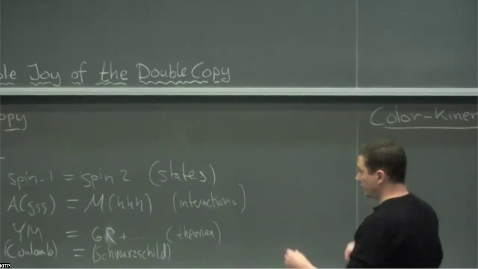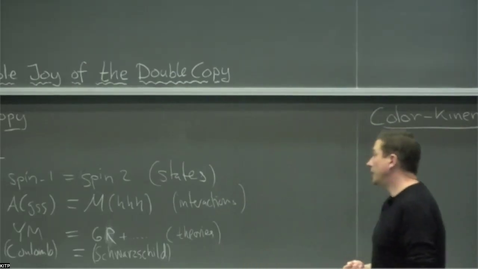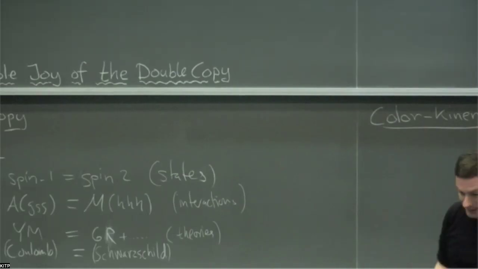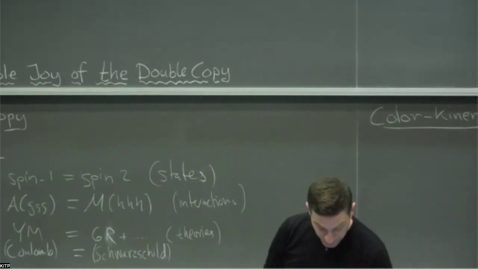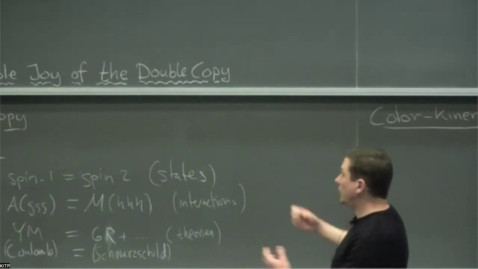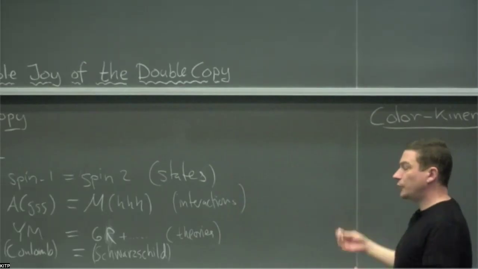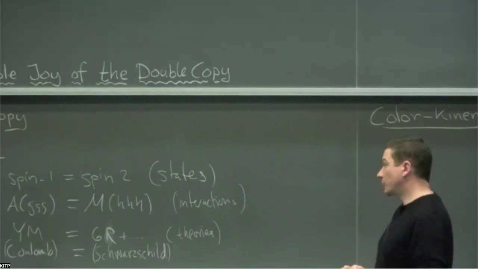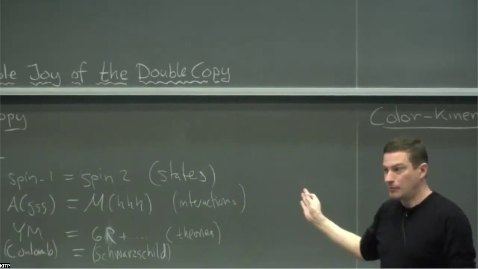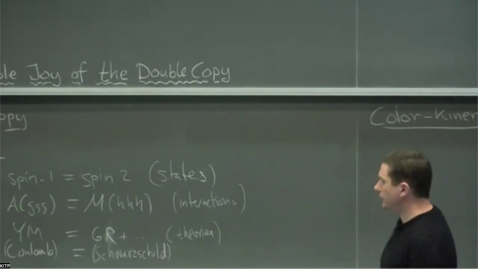We're seeing some factorization, and there's something behind this. Another joy of the double copy is that it actually simplifies your calculations in GR. If you want to compute some high multiplicity process in GR, as far as we know, this is the best method to use.